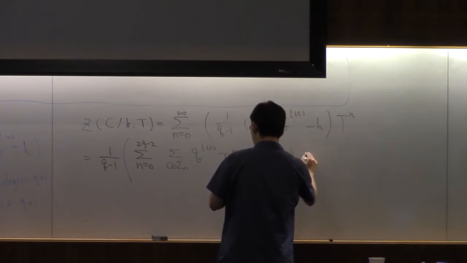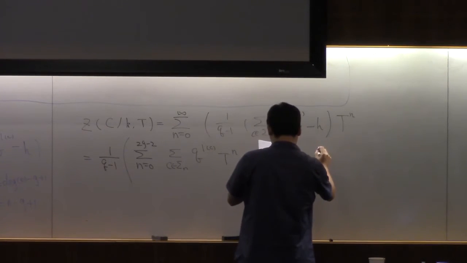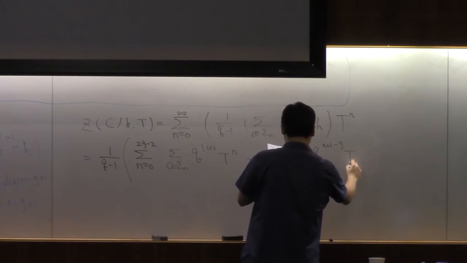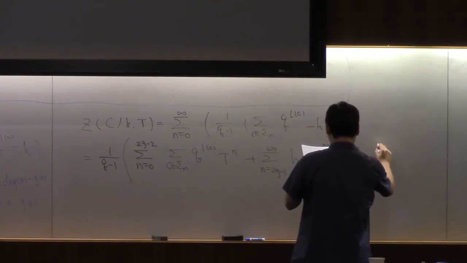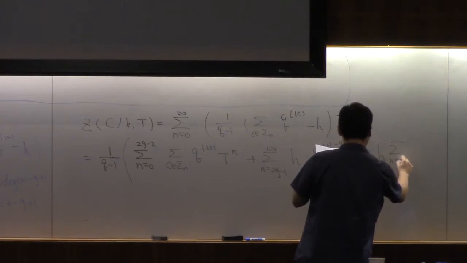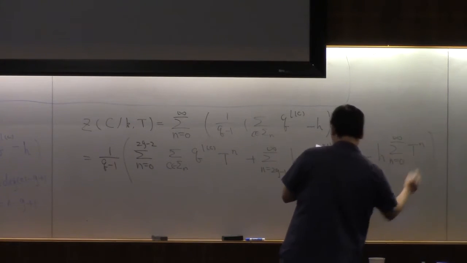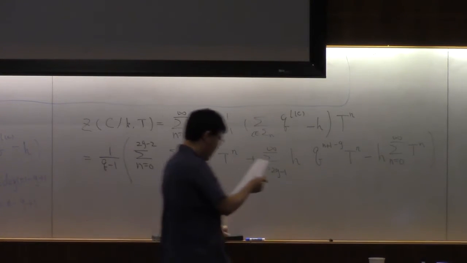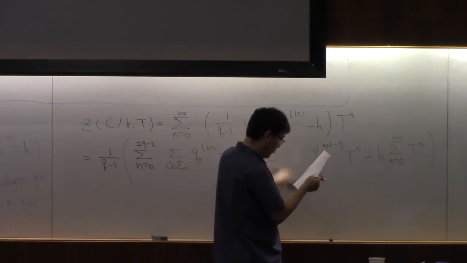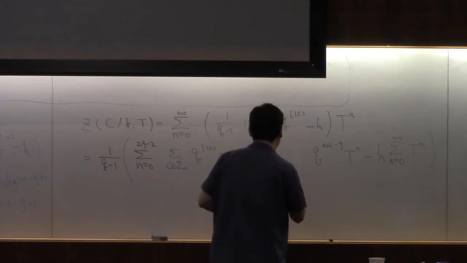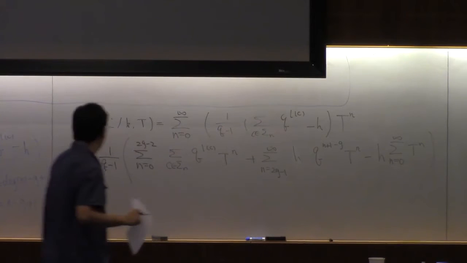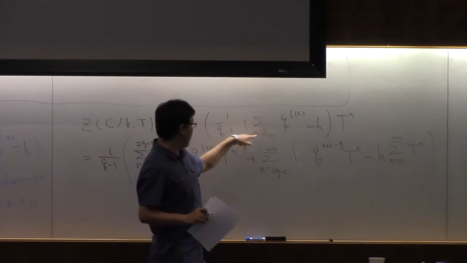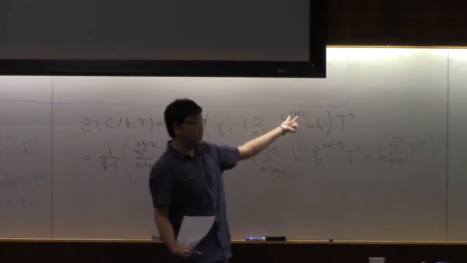So we have h times this expression, because for all divisors of degree n, for n large enough, all these exponents are the same.